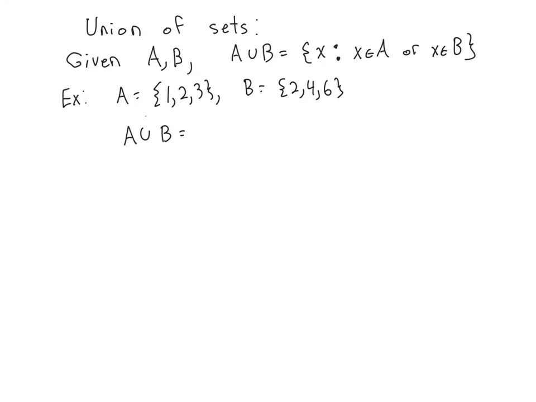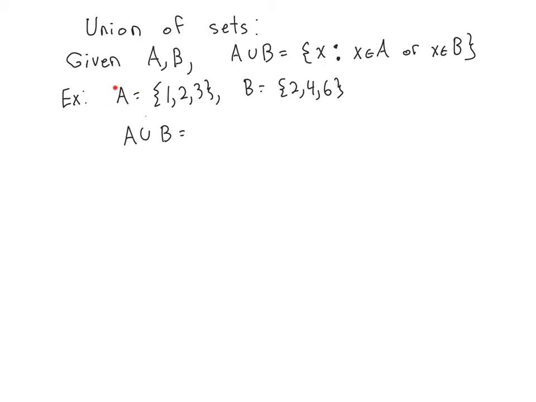Now we define the union of 2 sets. Given 2 sets A and B, the union is the set of all elements x such that x is either in A or B or possibly both. One way to think of these is that these are 2 different bags of objects, and the union is what happens when you pour all the objects into a common bag together.